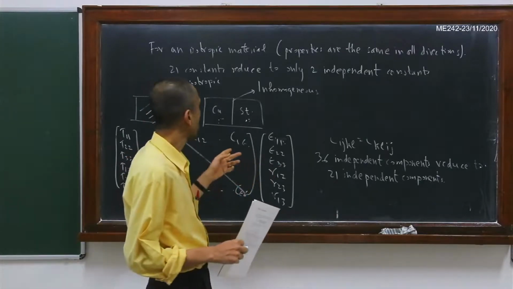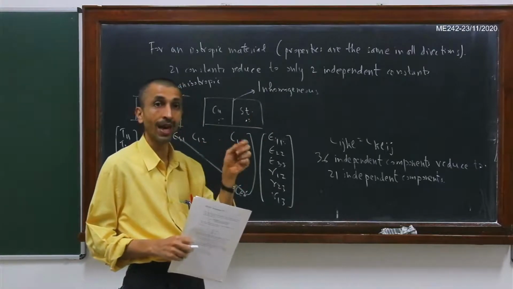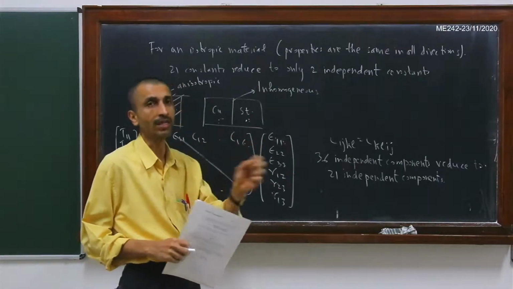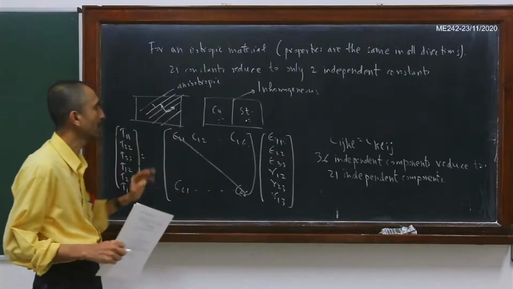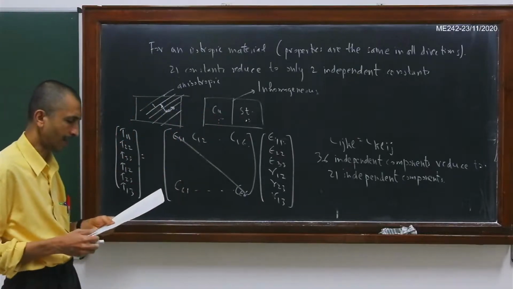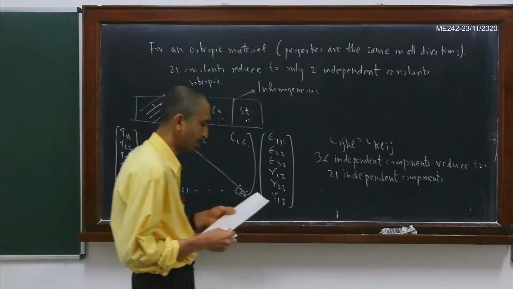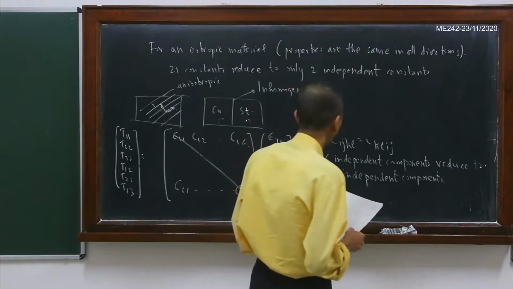And when we are talking about inhomogeneity, we are talking about the constitutive behavior at different points in the structure. As I said, these are two independent concepts, and one should not confuse these two different concepts. Fine.